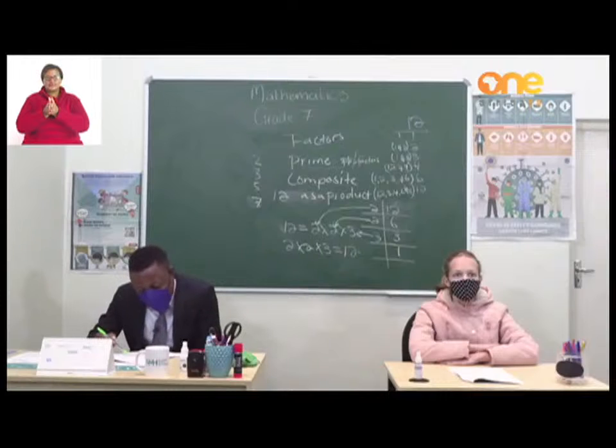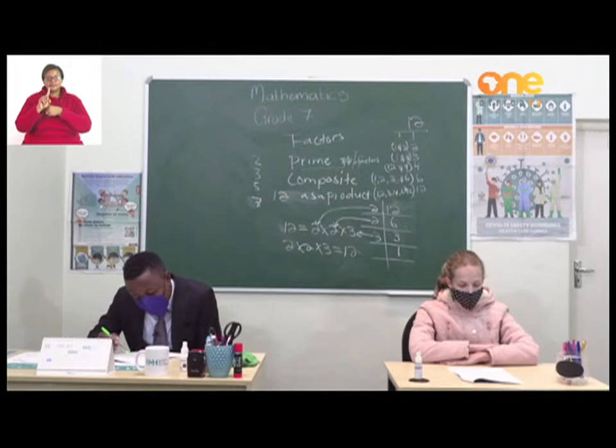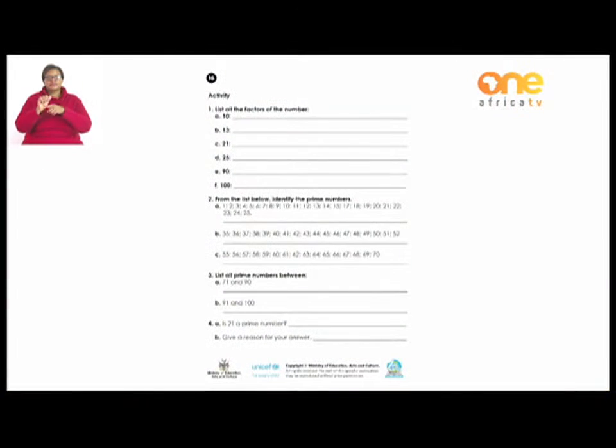Let us now go to page 16 to do the activity. I'll read through the activity and give you guidelines on how to do it. Number 1, you need to list all the factors of the numbers for number 1: 10 in A, 13 in B, 21 in C, until F. Then we move to question 2.